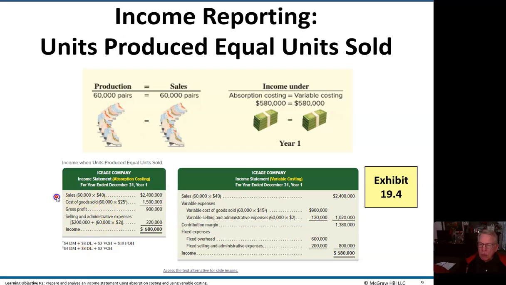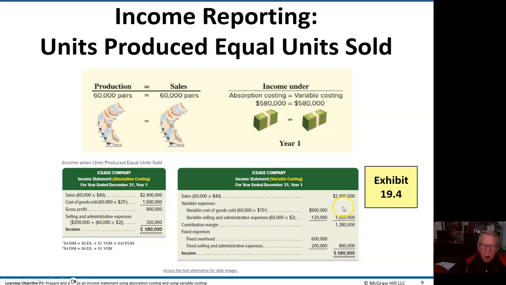Here's our 60,000 units at $40 a pair, and our full absorption costing was $25 times 60,000, which is 1.5 million. That gives us a gross profit of $900,000. Then we have our selling and administrative expenses on top of that, which was $320,000 here. So our net income, $580,000.